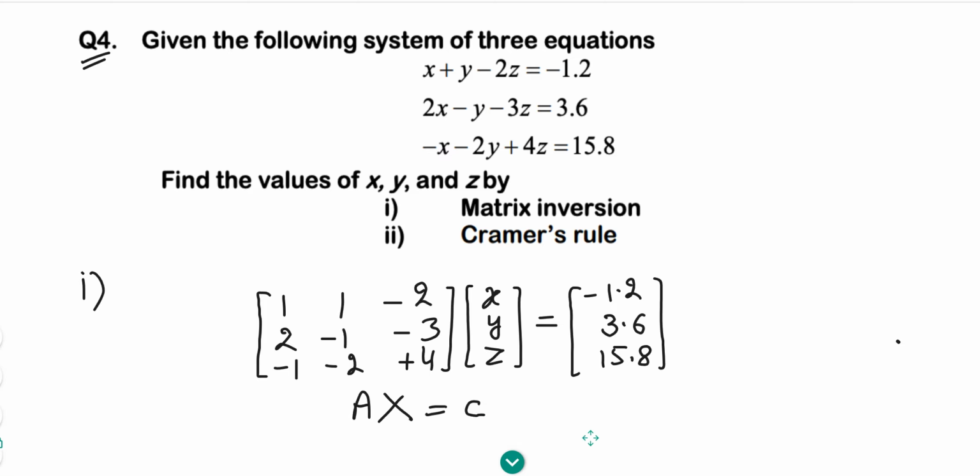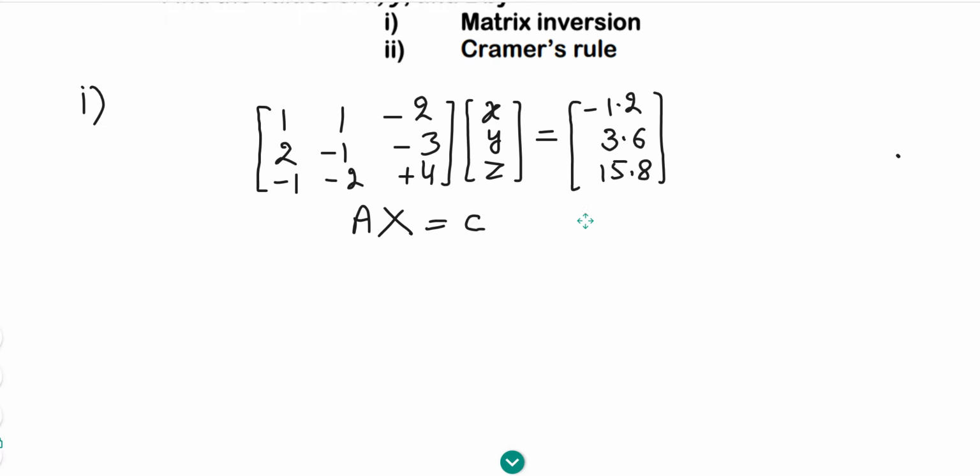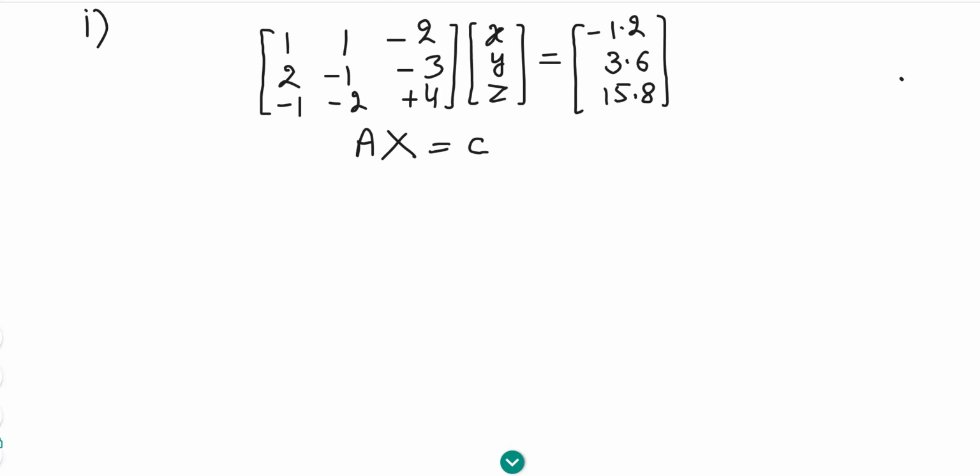Okay, so now we need to find this matrix x. According to the identities of matrices, we apply the inverse of A on both sides.